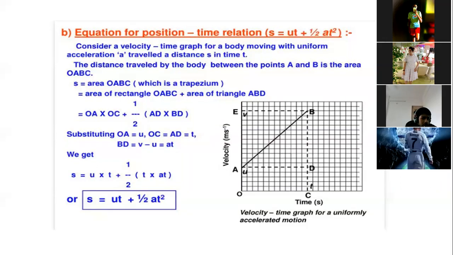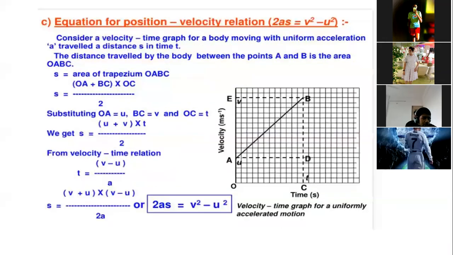There's a last equation remaining in the three equations of motion. We have done an equation which relates initial and final velocity, and an equation which relates distance and time.